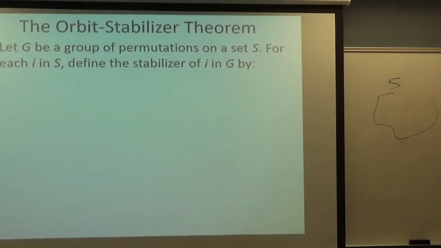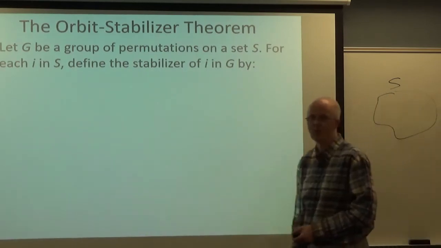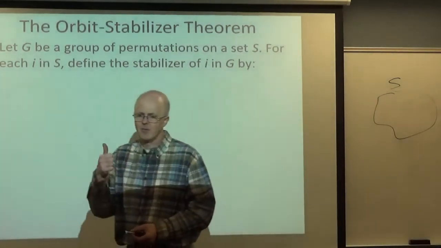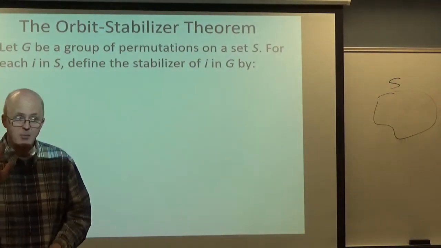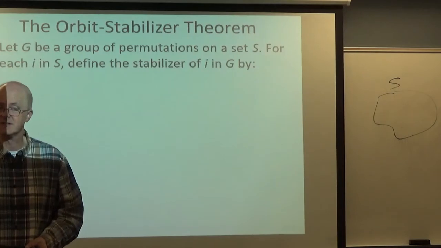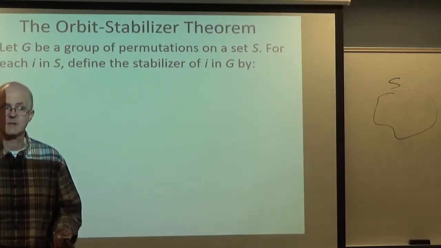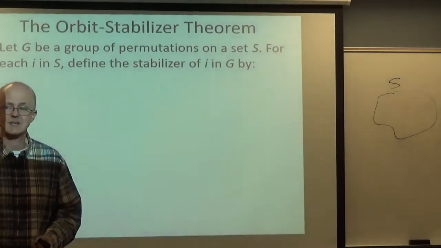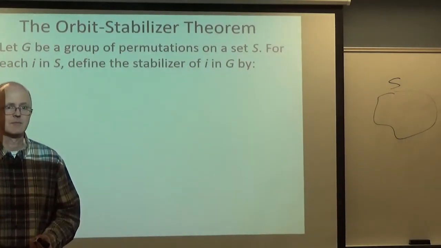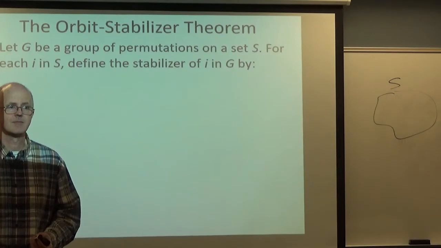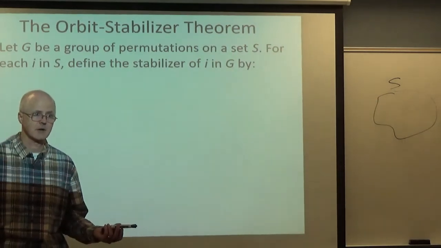Could be finite, could be infinite. But you've got a group of permutations on that set. What are permutations? One-to-one and onto functions from the set to itself. Not necessarily operation preserving, right? Permutations are not isomorphisms, they're not automorphisms. They do map the set to itself, but with just one-to-one and onto. S is not necessarily a group either.